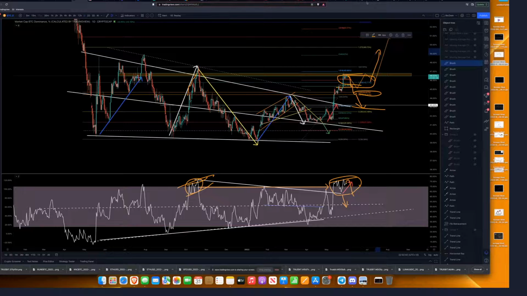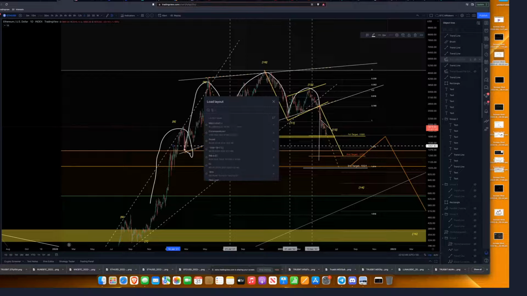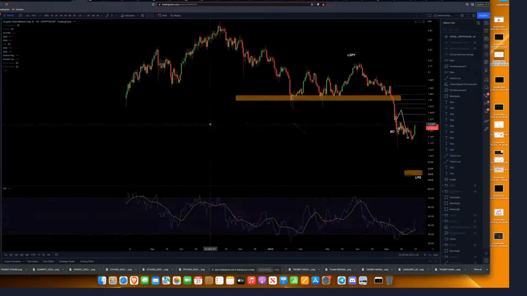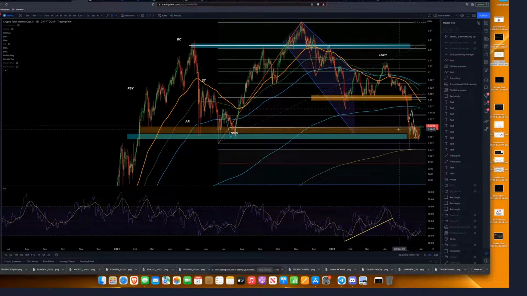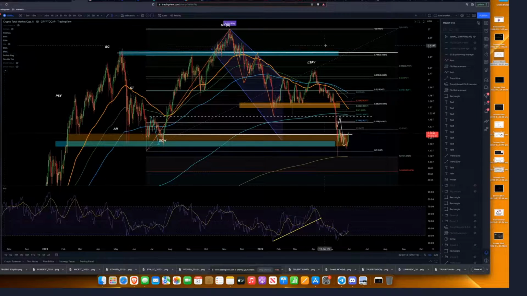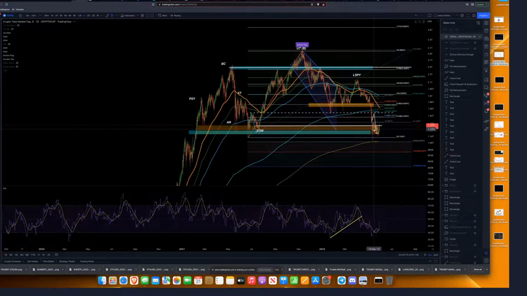Let's look at total market cap, see what it says, just to see if things are lined up. Okay, so the total market cap pretty much reflects similar to what Bitcoin does. I do see a big macro distribution, very similar to Bitcoin.